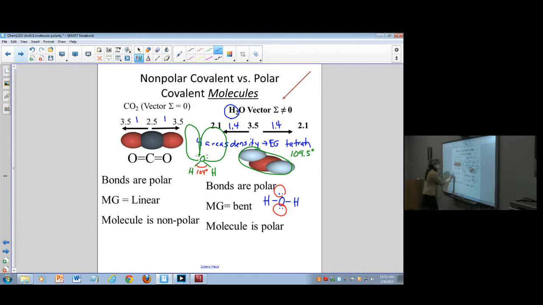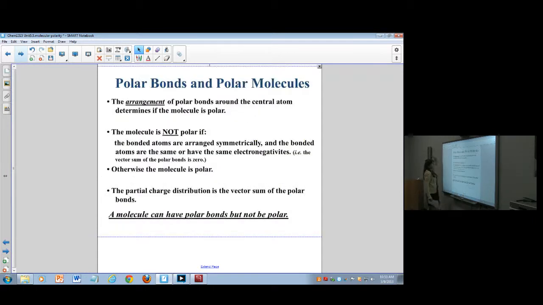But in carbon dioxide, the bonds were polar, but the molecule wasn't polar because it has a linear molecular geometry. This one is polar because it's not linear, even though there are just two outer atoms on it.